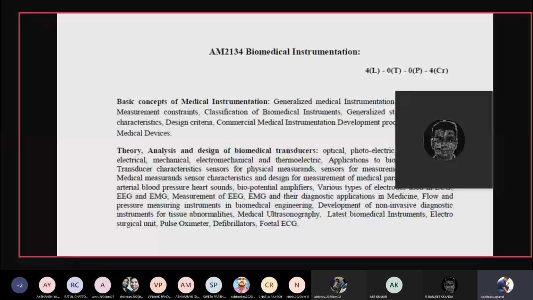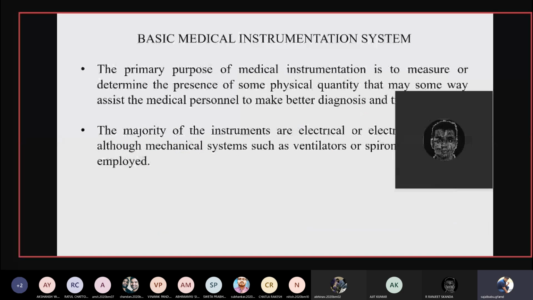Are you able to see the screen here? Are you able to see the slide? Yes, sir. And I think the recording is already started. Yes, the recording is started, or do I have to start it? It is already started, sir. Okay, okay, thank you.